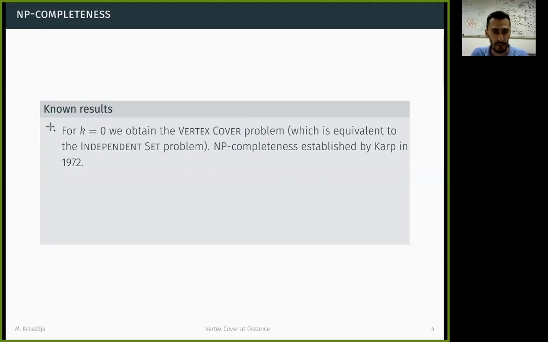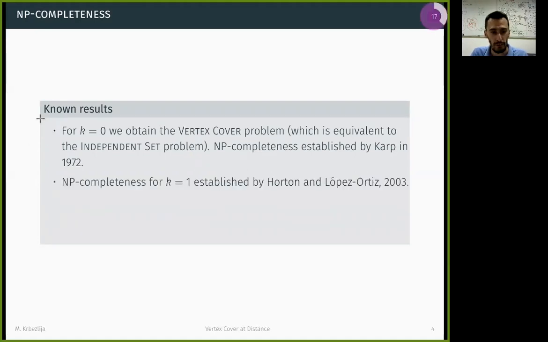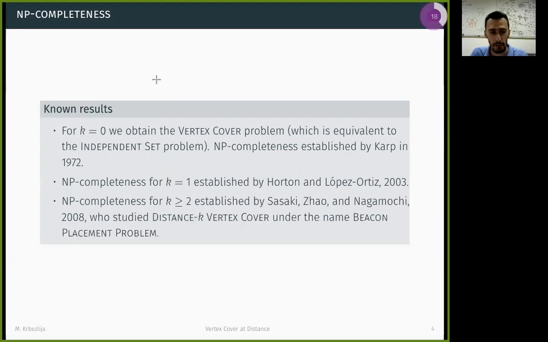That problem is equivalent to the independent set problem and was shown in 1972 by Karp to be NP-complete. When k equals 1, the NP-completeness of the problem was established by Hartung and Lopez-Ortiz in 2003, and for k greater than or equal to 2, the NP-completeness was shown by Sasaki, Zhao, and Nagamochi in 2008, who studied the distance k vertex cover under the name the beacon placement problem.